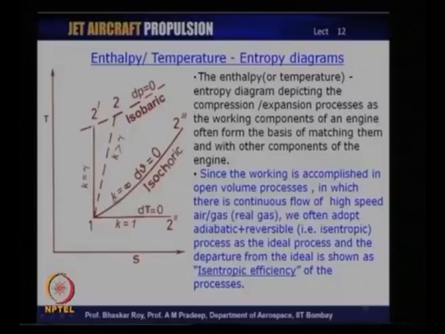And then we have k equal to 1, the isothermal process, that is 1 to 2 double prime over here, and then k equal to infinity, where the change of specific volume is 0, which is the isochoric process, and it goes from 1 to 2 triple prime. So, all the processes we talked about earlier are now shown here on the TS diagram, and those are the typical paths through which the compression process would proceed from 1 to 2, 2 being the end of the compression process.